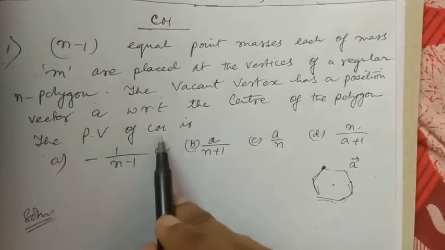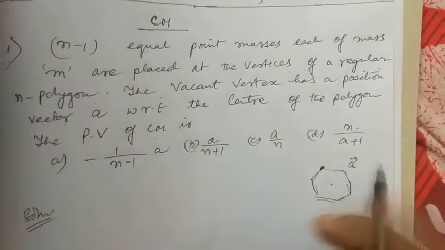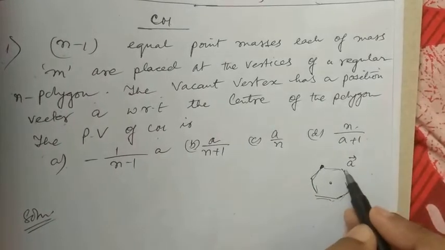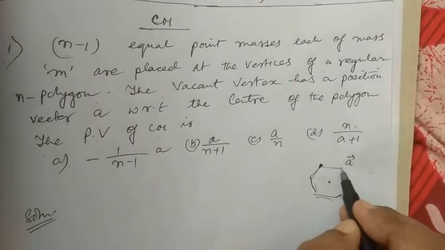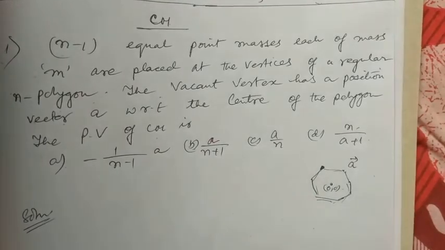They have asked us to find the position vector of the center of mass. Now we know if this is not left vacant, then the center of mass will lie at the center, that means 0, 0.